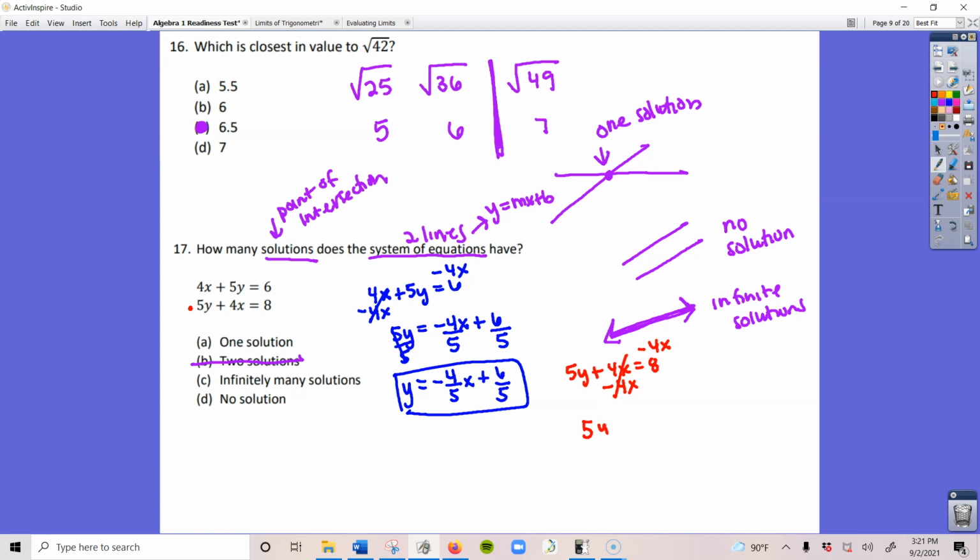So we have 5y is equal to negative 4x, and the 8 is positive, so plus 8. Then we divide everything by 5. So this is my second equation. y equals negative 4 over 5x plus 8 over 5.